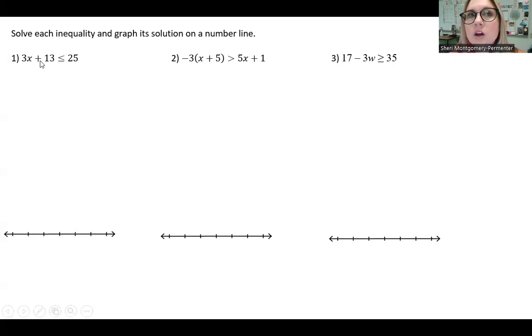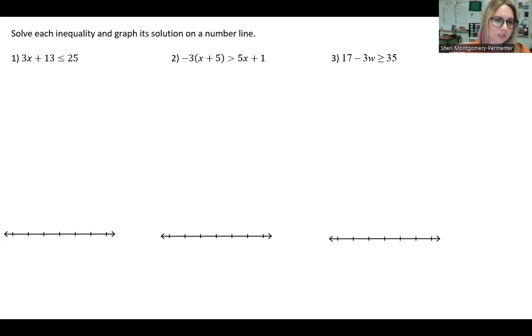So we are going to solve these and then I'm going to show you how to graph them. The way that we solve them is the same as we do with our equations. First thing I'm going to check is the variable on the left side. Now I just solve like I normally would. This is a two-step problem. I only have two numbers that I need to get rid of, two steps.